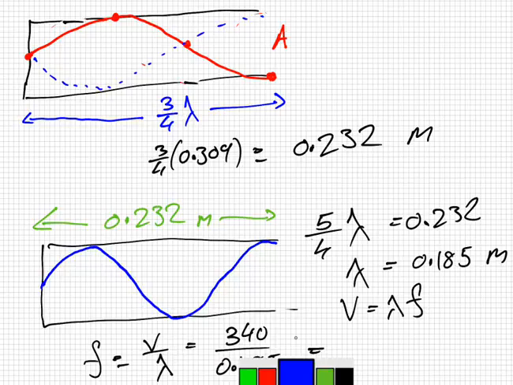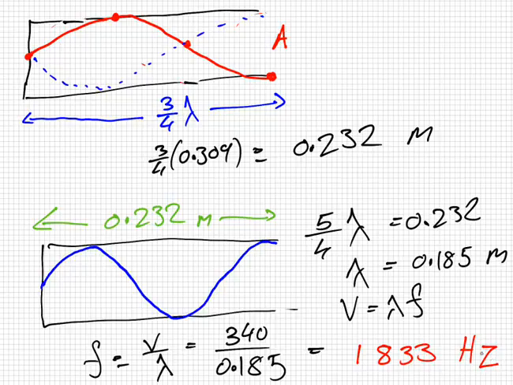So how many wavelengths do I have here? I have 5 quarters. 5 quarters of a wavelength is equal to the length of the pipe. I wrote that wrong. 5 quarters of 0.309 is equal to the length of the pipe, because 5 quarters of a wavelength is what I have.